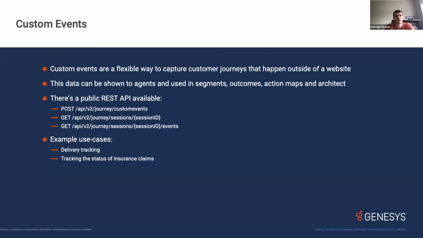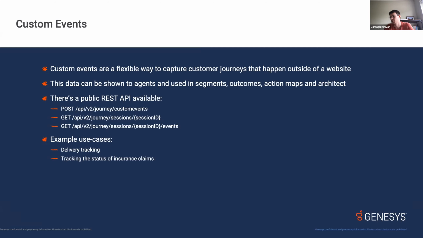So if you're an e-commerce customer, you might want to track deliveries. Whereas last year, if a customer wanted to do this, they would message the company to start a web chat, asking, where's my delivery?